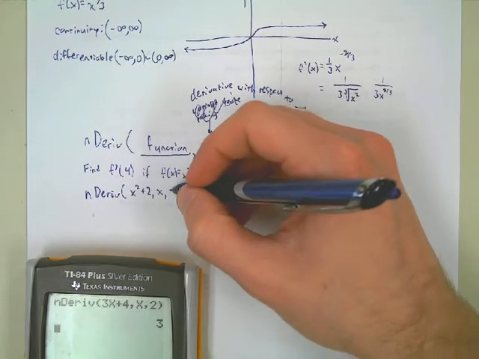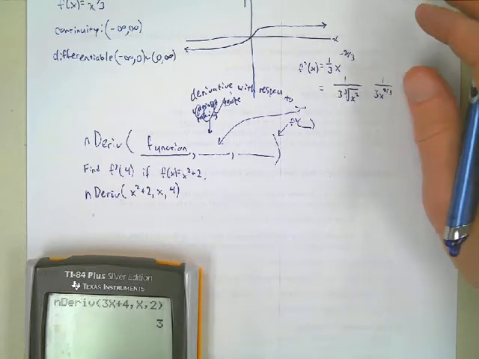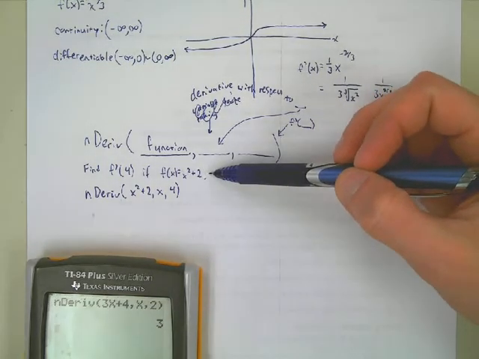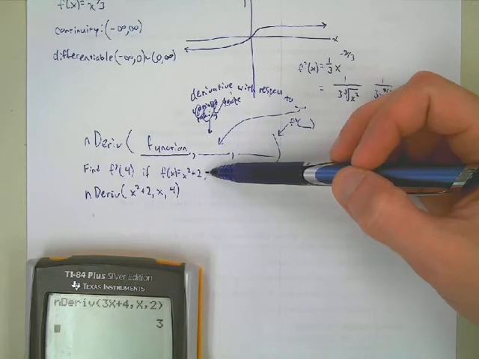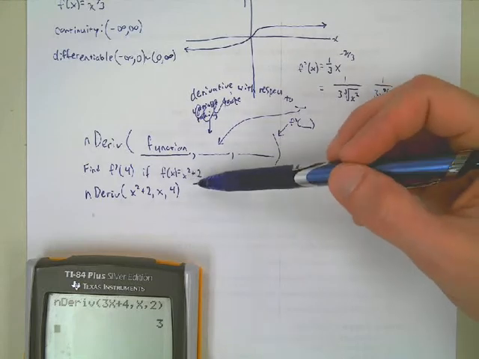Your calculator will not just give you the general derivative. So for example here, we know that f prime is just going to be 2x. Your calculator will not be able to come up with that 2x. But if you ask the calculator for the value of the derivative at a specific point, it can come up with that. So that's why we have to type in the 4 there.